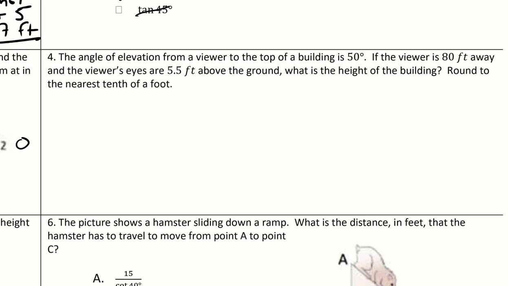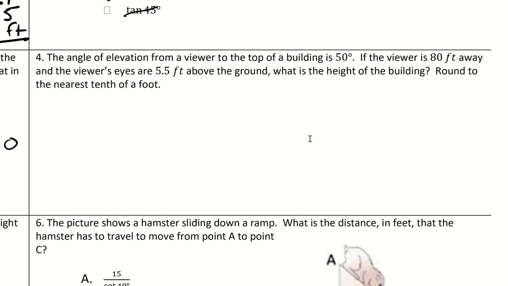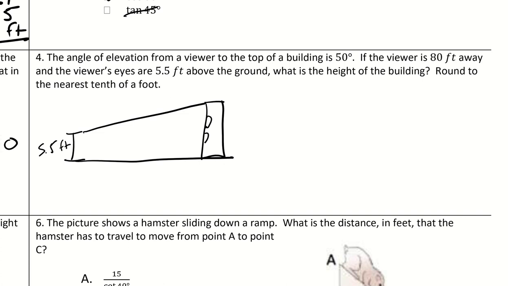All right, number 4, the angle of elevation from a viewer to the top of a building is 50 degrees. So this is the guy or gal. Again, top of a building. And then they're 80 feet away.